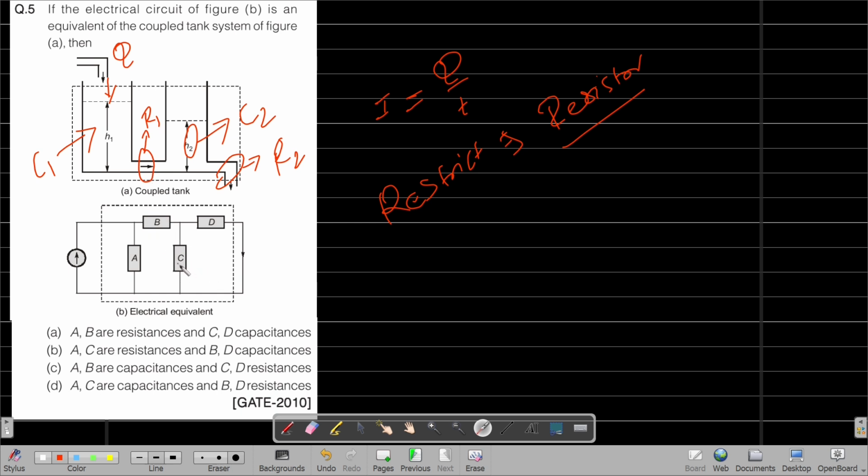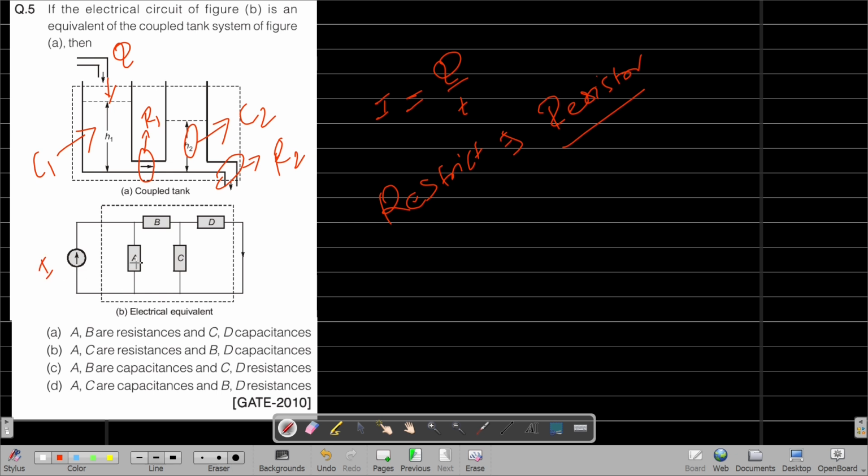And C again becomes a capacitor, as this tank represents storing charge. So C is a capacitor, and again this pipe represents a resistor because it tries to restrict the flow of charge.